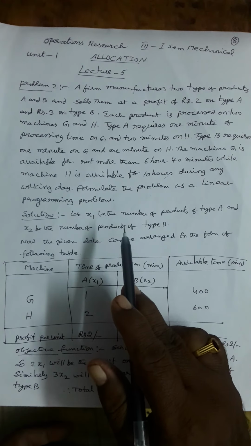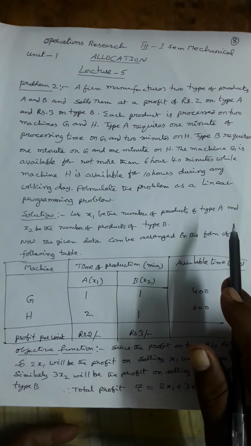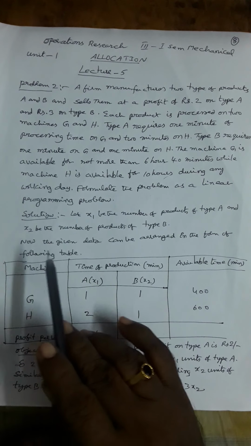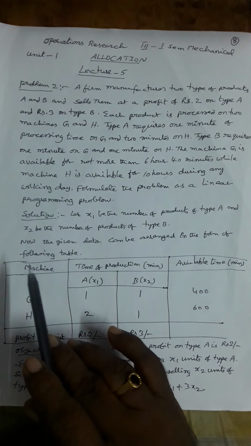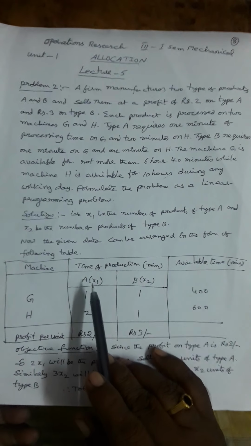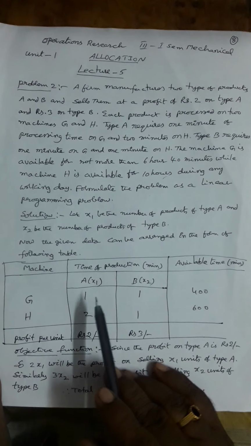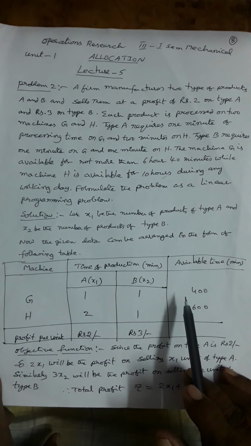Solution: let x1 be the number of products of type A and x2 be the number of products of type B. Now the given data can be arranged in the form of the following table. Machine G, H, time of production in minutes: 1, 1, 2, 1, available time 400.